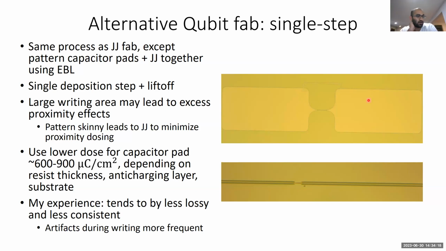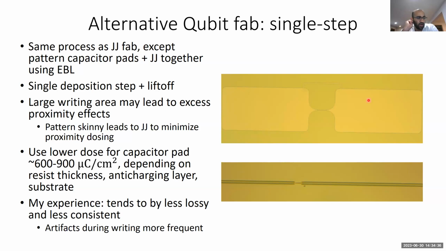Yes, so I didn't talk about conducting layers. I talked about anti-charging layers. There is another alternative to depositing a separate anti-charging layer, and that's by spinning a conductive layer.